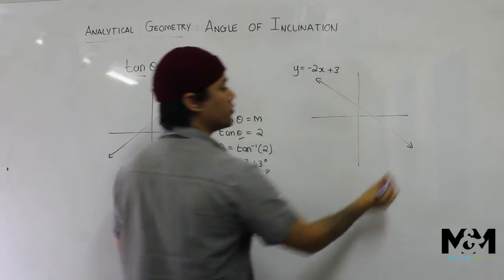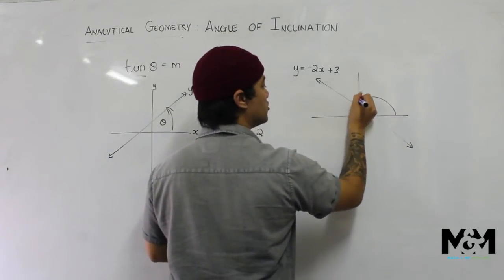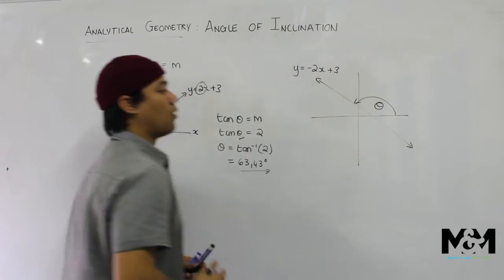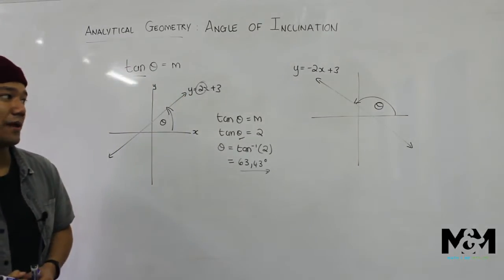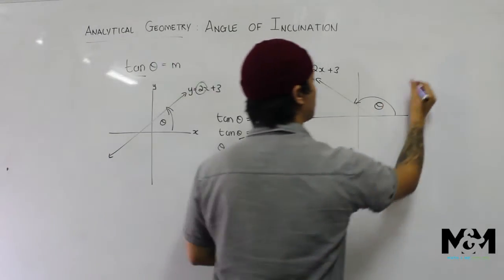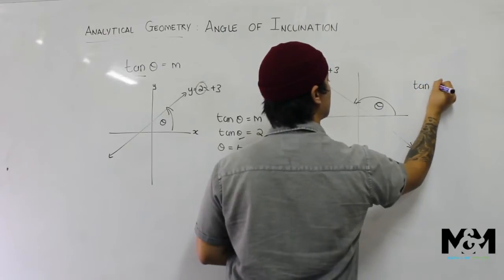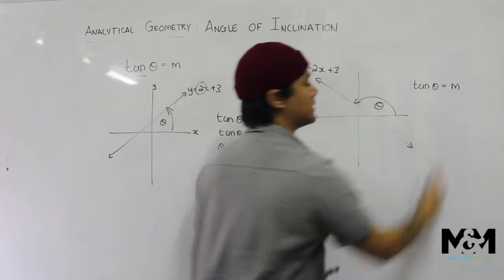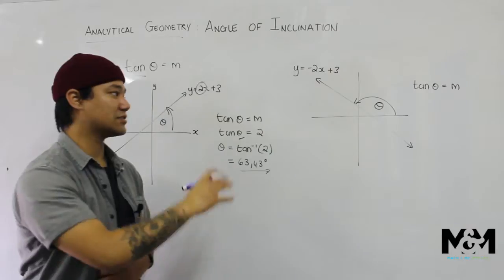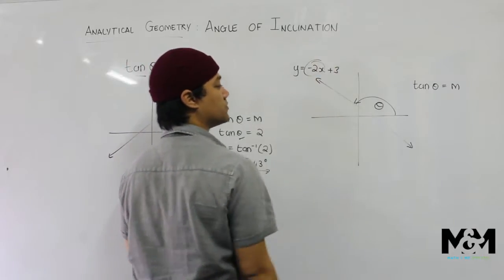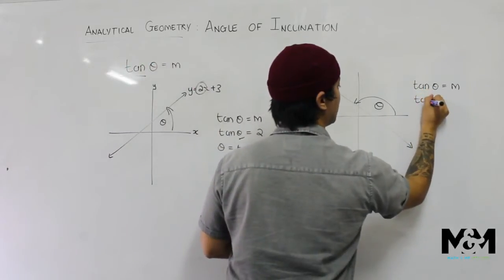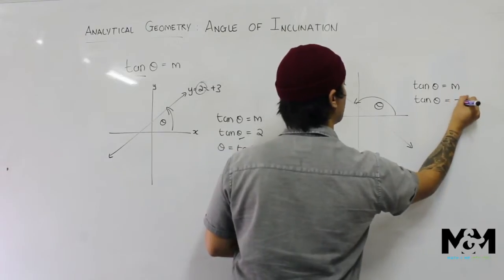Again, we'll move from the positive x-axis to my line and want to determine what that angle is. Same thing, I will say tan theta equals my gradient. What is my gradient in this example? Negative 2. So tan theta is equal to negative 2.